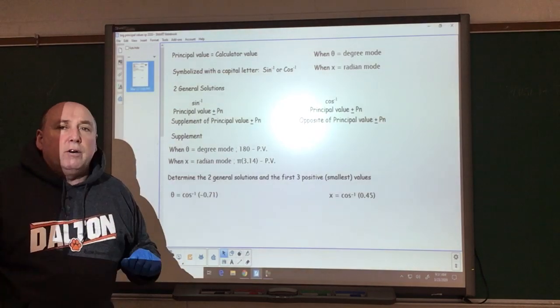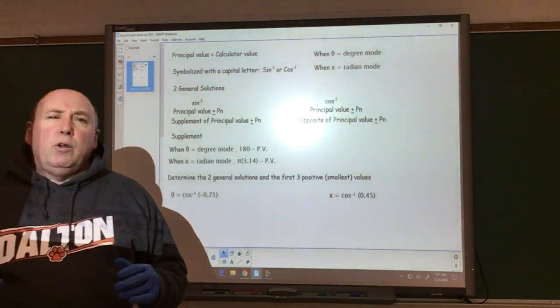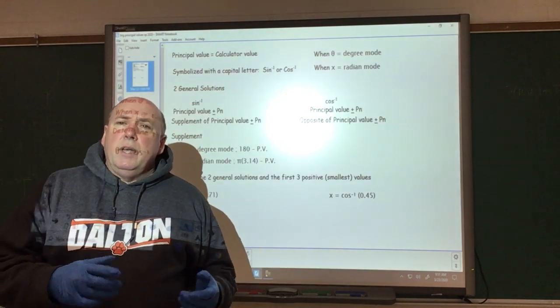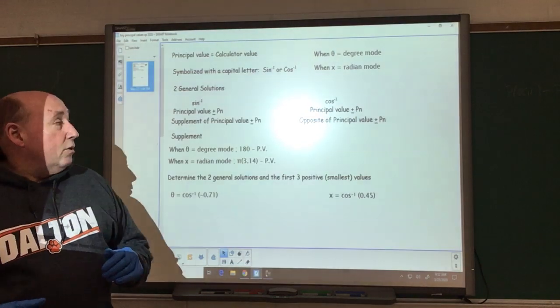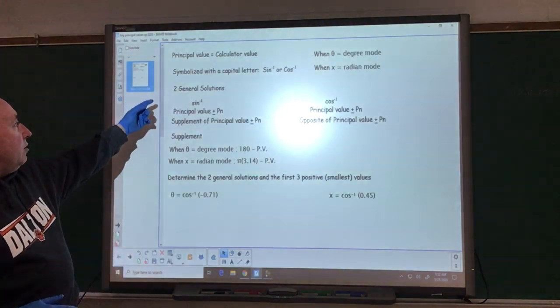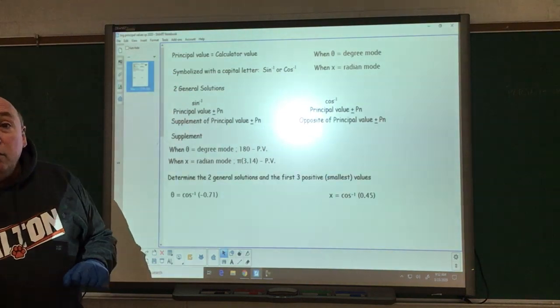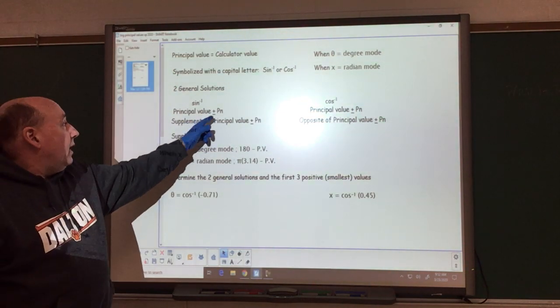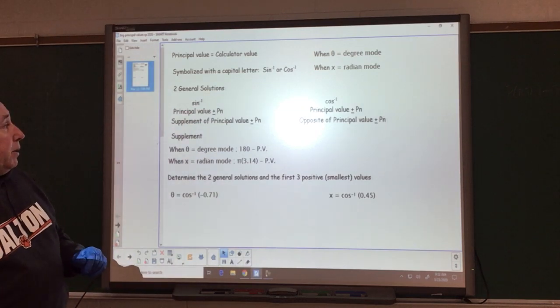When you're dealing with general solutions, as we talked about the other day, you have an infinite number of solutions. How do I come up with those? The infinite number of solutions for the inverse sine is the principal value, your calculator value, plus or minus the period n, and the supplement, plus or minus the period n.